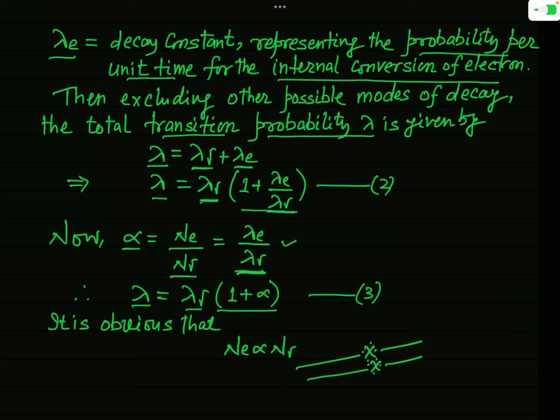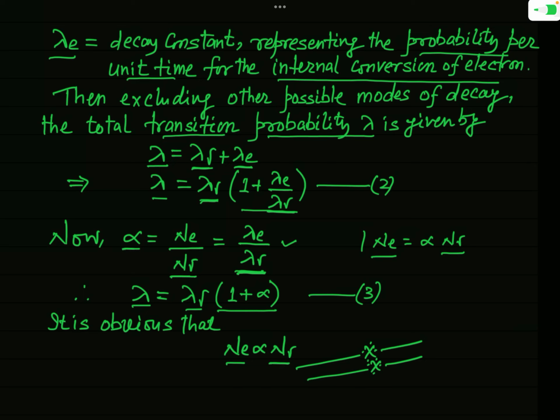Now, this alpha for a particular nucleus is almost constant. So if alpha is constant, Ne will be equal to alpha times N gamma, and we can say that Ne is proportional to N gamma.